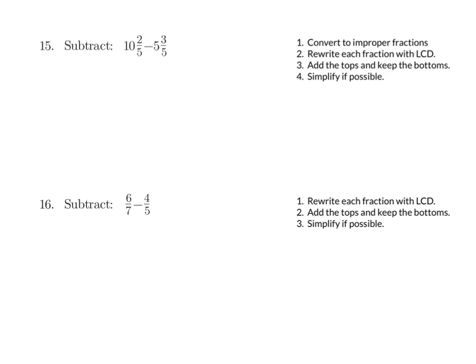So, starting off with converting to improper fractions. If we convert to improper fractions, we get 5 times 10 is 50, plus 2 is 52 over 5. 5 times 5 is 25, plus 3 is 28 over 5.